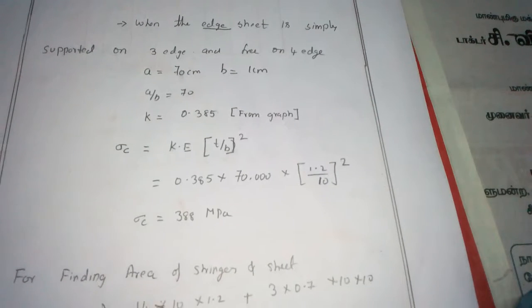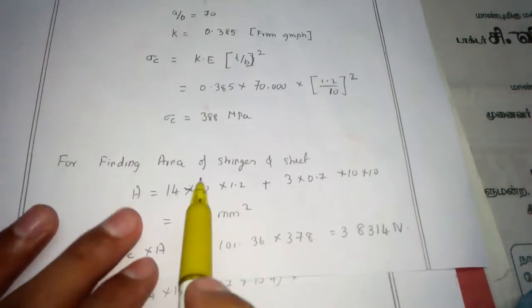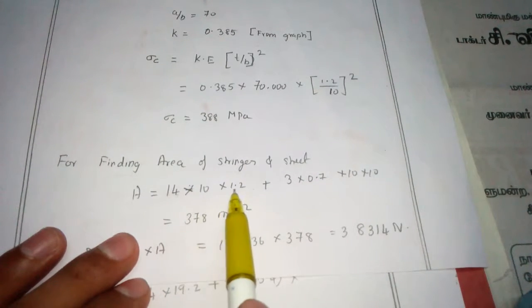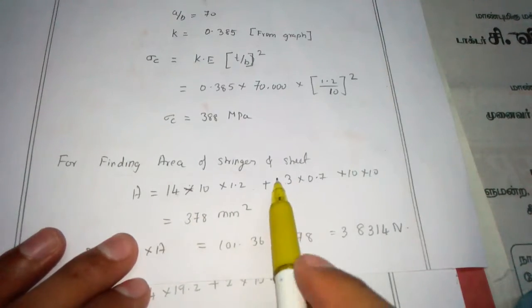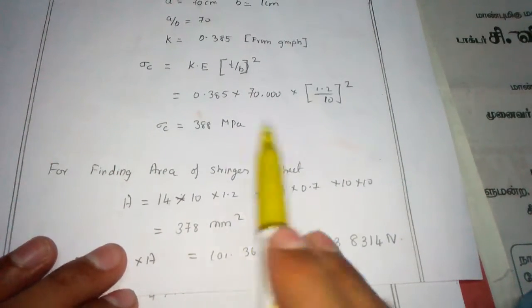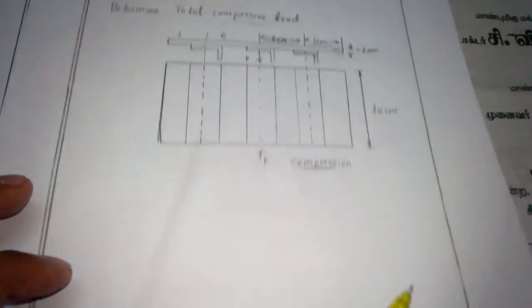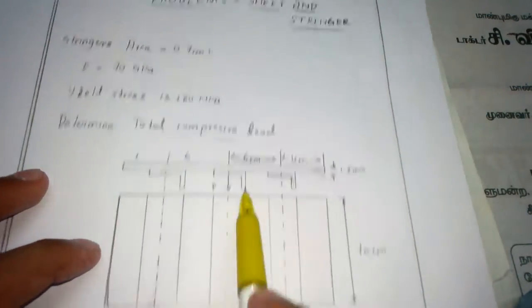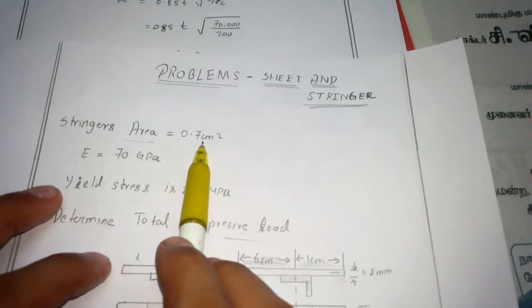So 14 into 10 into thickness, plus the area of the stringers, which is given as 0.7 centimeter square.